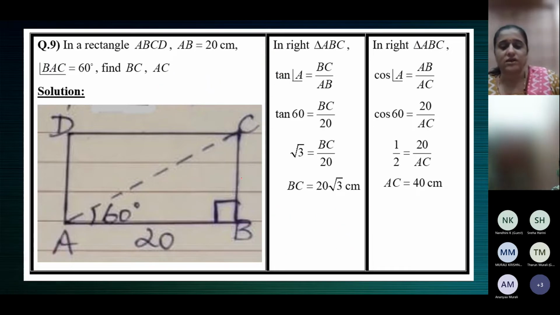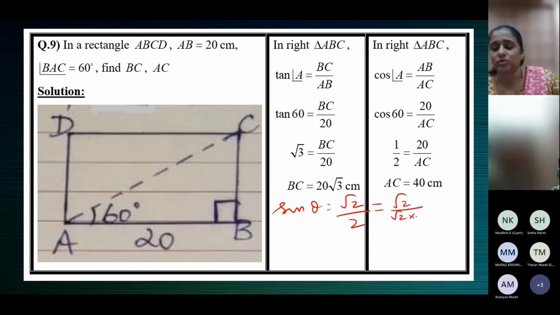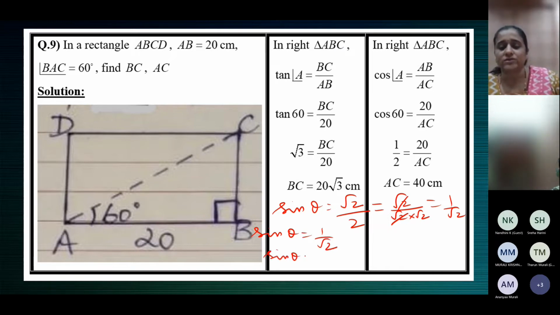Let's write it again. I was telling you that if supposing you know sin theta is equal to opposite is √2 and the hypotenuse is 2, for example. So how do you simplify this? Root 2 by root 2 into root 2. So root 2 and root 2 get cancelled. So you'll get 1 by root 2. So sin theta is equal to 1 by root 2. When is it 1 by root 2?